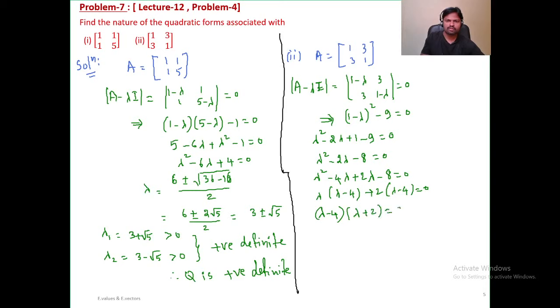Therefore, what are the eigenvalues? Lambda 1 is 4 and lambda 2 is minus 2. Look, one is positive, one is negative. So what kind of quadratic form is this?